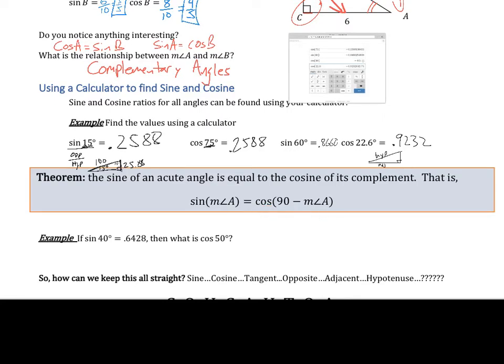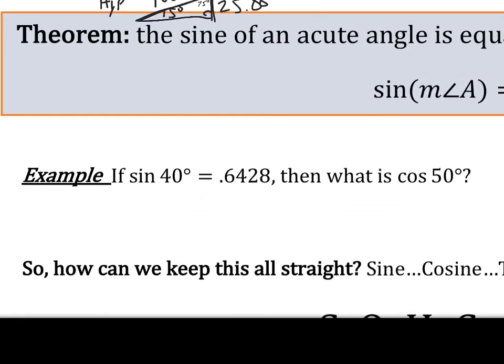If we know that the sine of 40 is 0.6428, what does that mean about the cosine of 50? Well, what do you notice about 40 and 50? They're complements. So the cosine of one is the sine of the other.